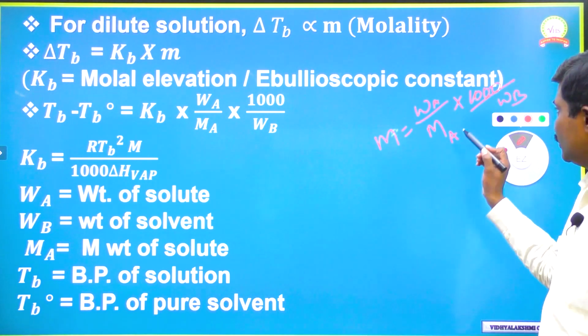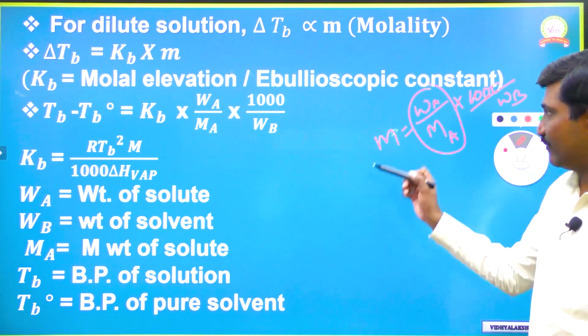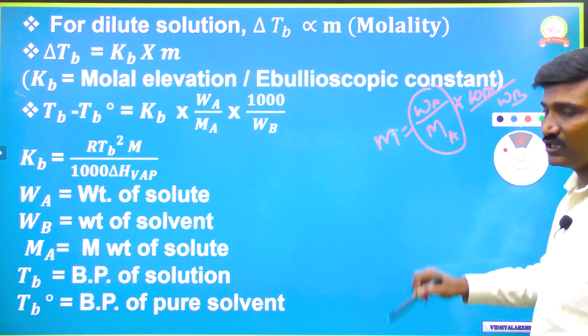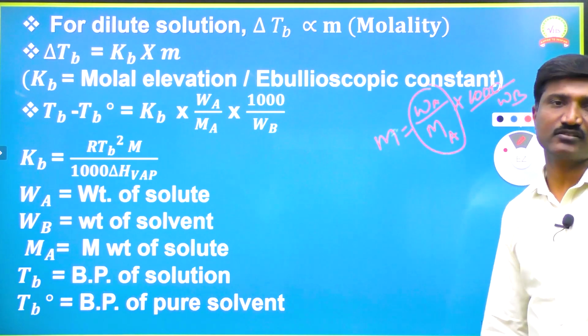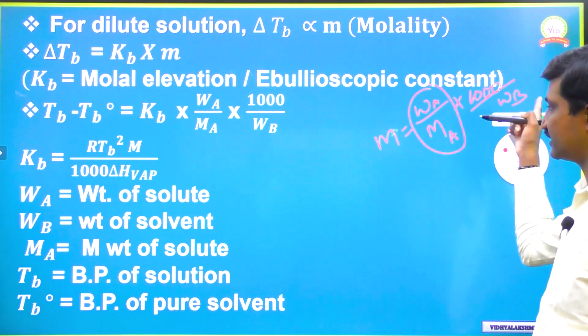This is nothing but the number of moles of solute present in 1000 grams of solvent, which is called molality. From that definition I wrote this equation.